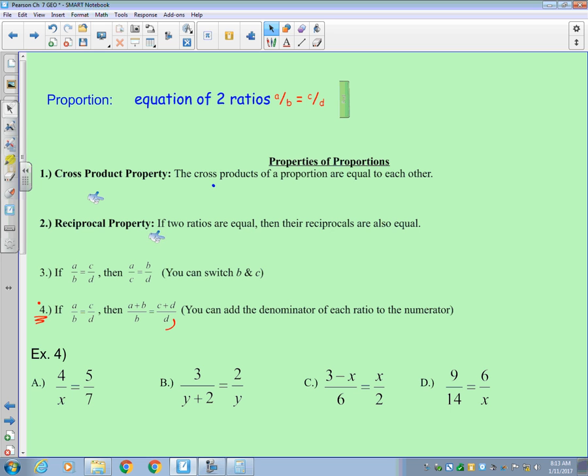With a proportion, there are 4 properties that we're going to look at and utilize. The first one is the cross products property. The cross products of a proportion are equal to each other.